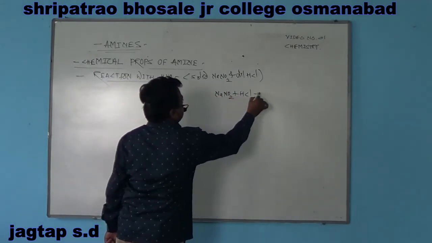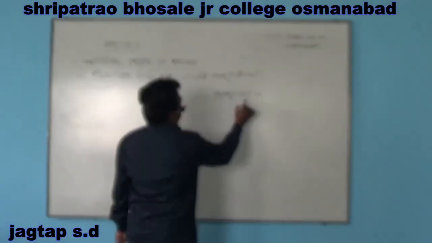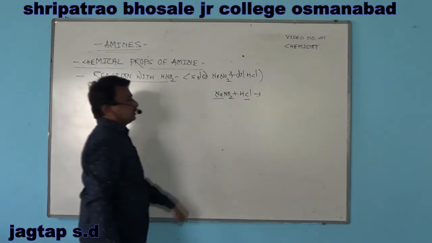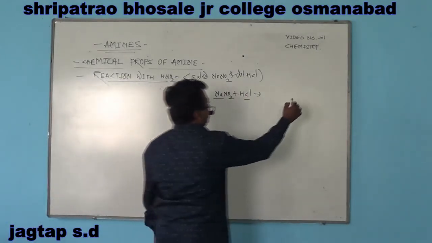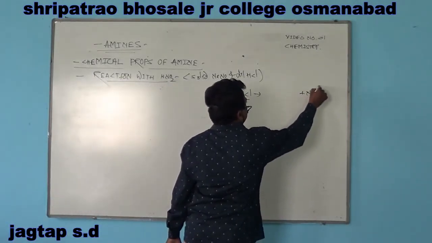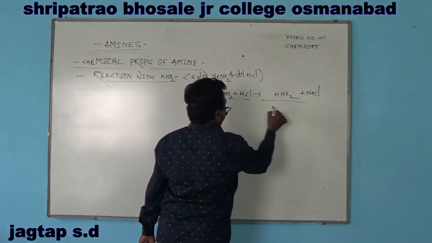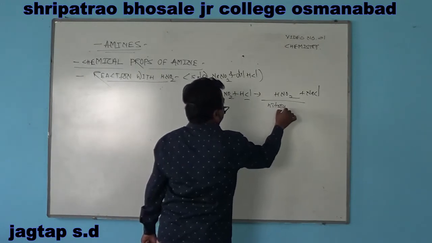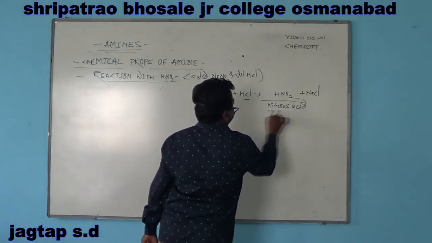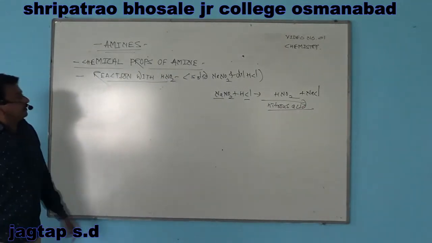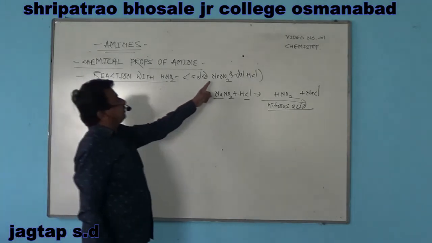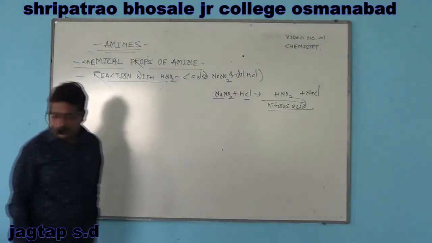NaNO2 reacts with HCl to form NaCl and HNO2, that is nitrous acid. Here the metal is Na, which reacts with the non-metallic element to form NaCl. Nitrous acid is generally prepared from sodium nitrite and hydrochloric acid.